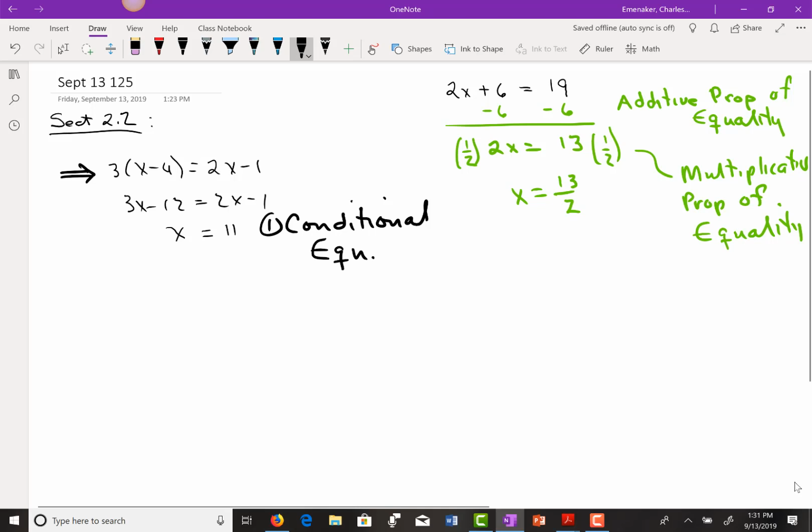Okay. Let's say we have something like this. 2x plus 7 equals 2 times x plus 3, plus 1. Start to work this out, what happens very quickly?